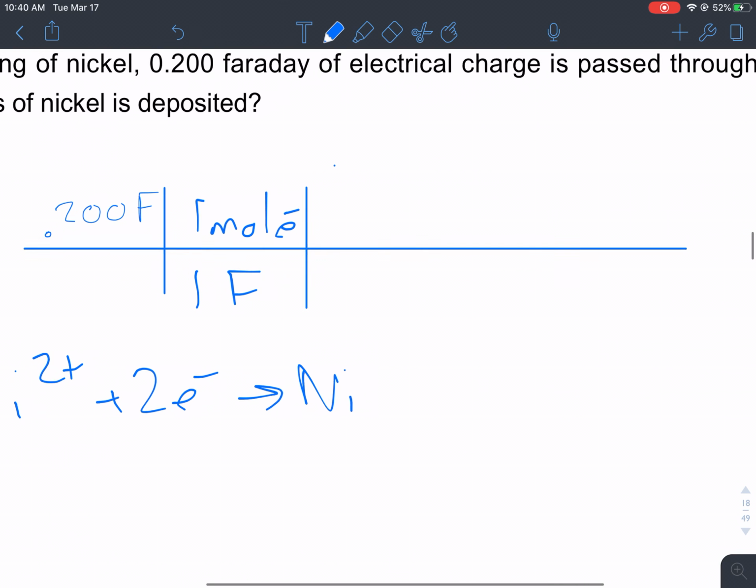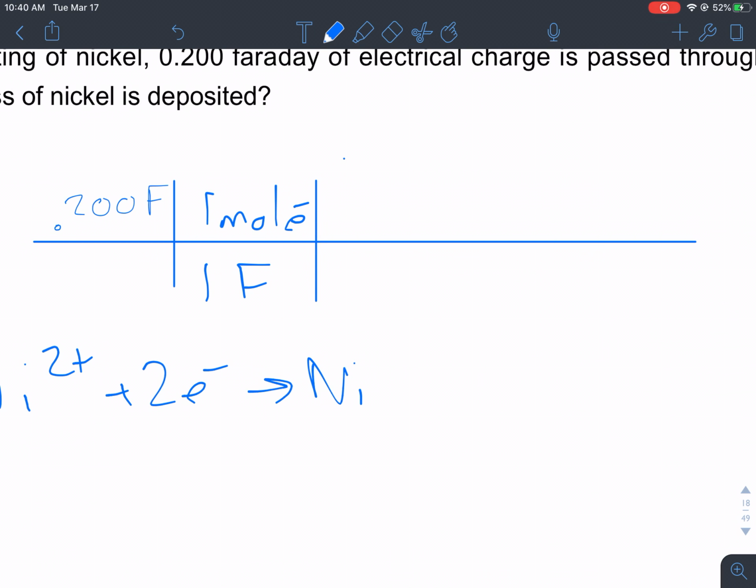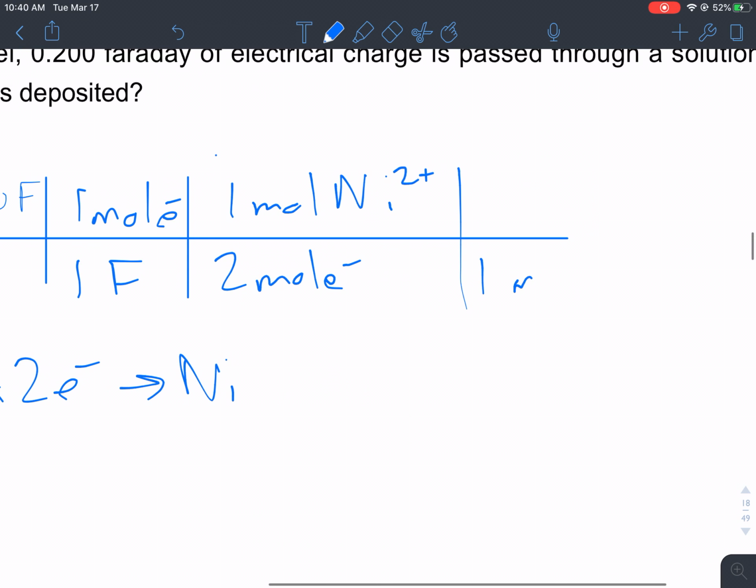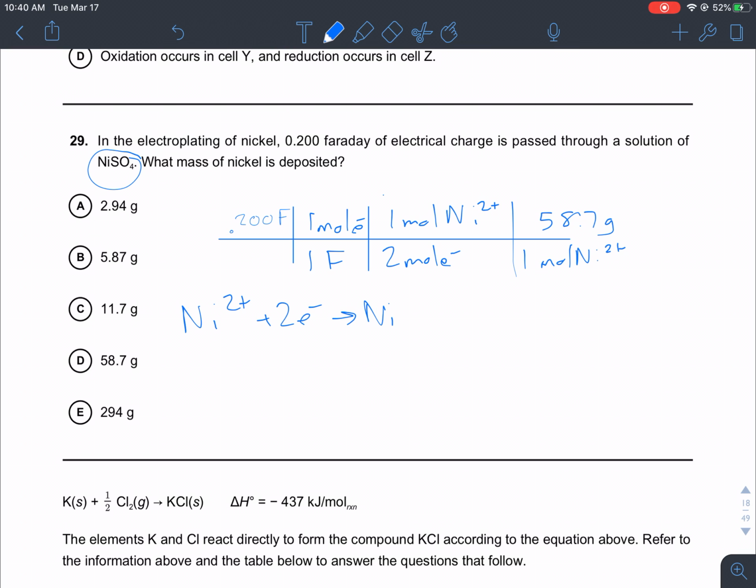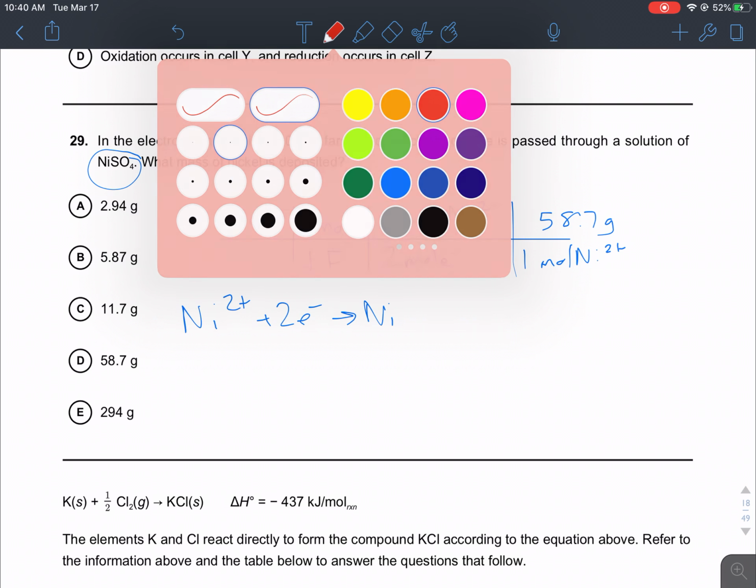So there are 2 moles of electrons for every 1 mole of nickel 2+. And 1 mole of nickel has a molar mass of 58.7 grams.